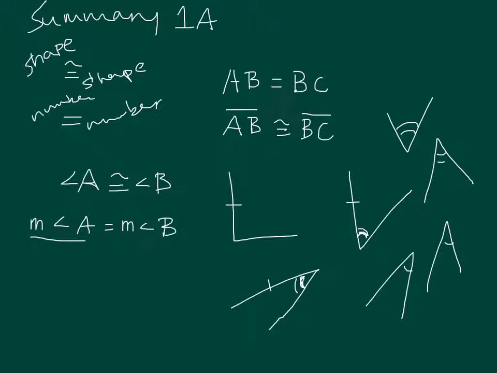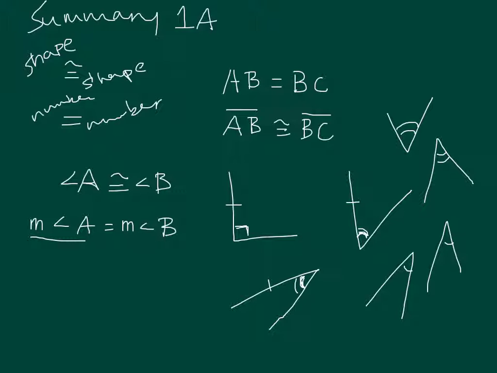So you use a different mark to say that this angle and this angle are actually different from these angles. And you can use a box to say that's the right angle. Right angle means 90 degrees.